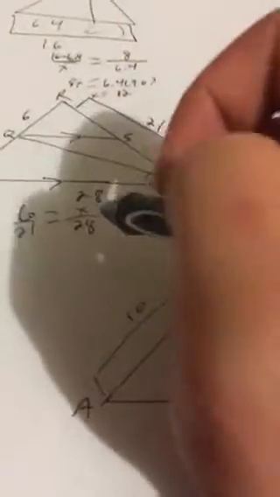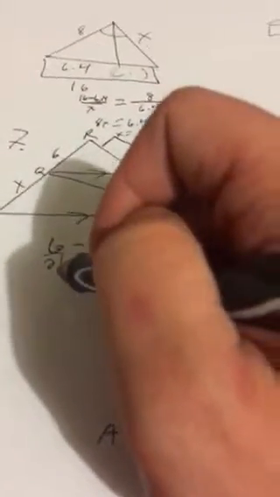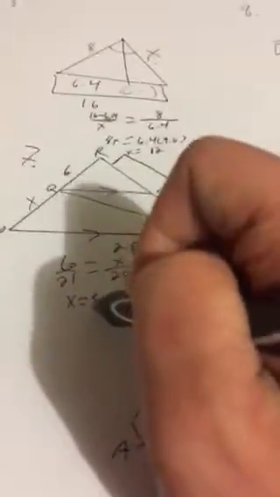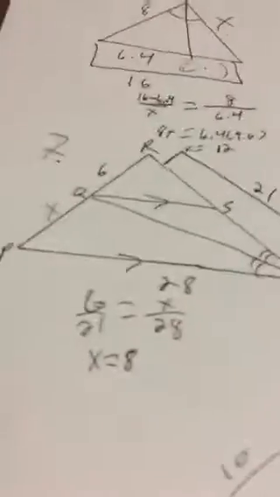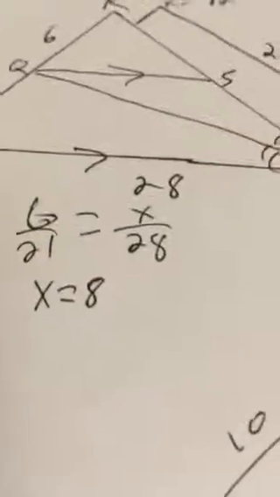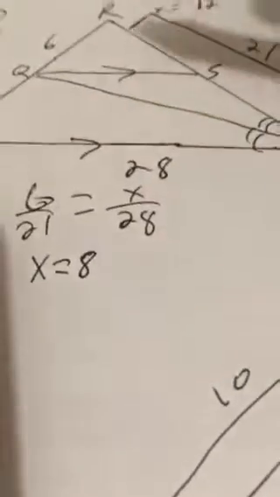And then when I cross multiply that, I should get x equals 8. I'm going to stop doing the actual math of these because you guys know how to do the cross multiplication. 28 times 6 divided by 21 should give me 8.